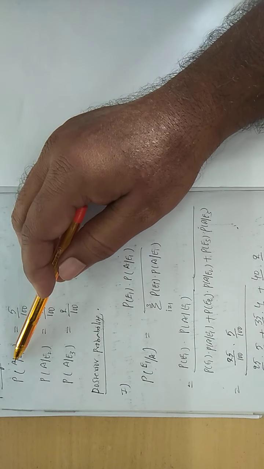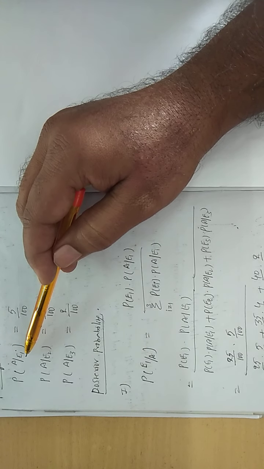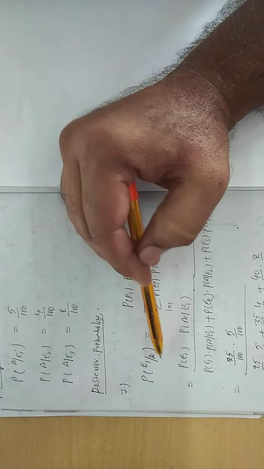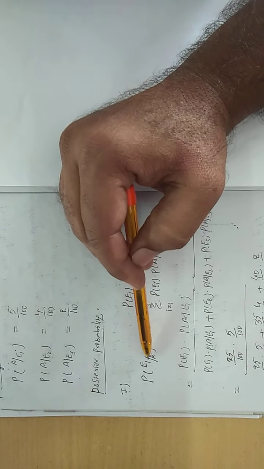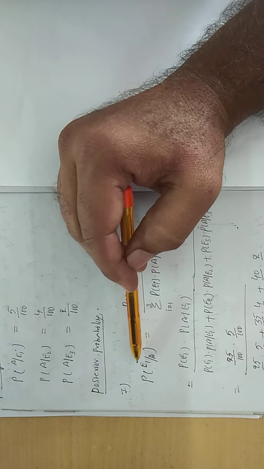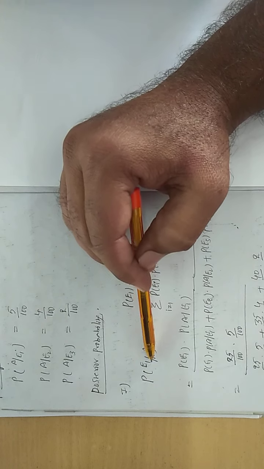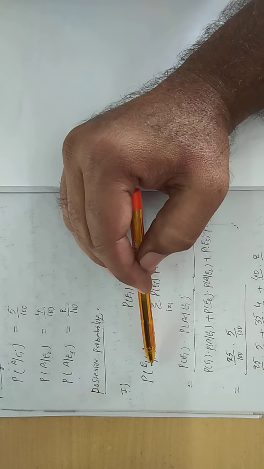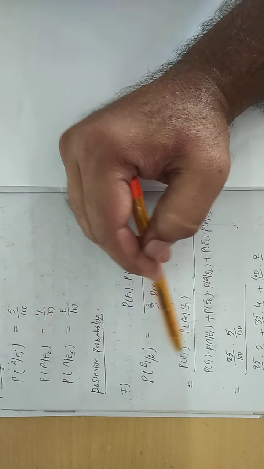A defective bolt chosen from machine 1. But here the quite opposite activity is taking place. First, a defective bolt has been selected, and what is the probability that it comes from machine 1, or machine A? These are the required probabilities.